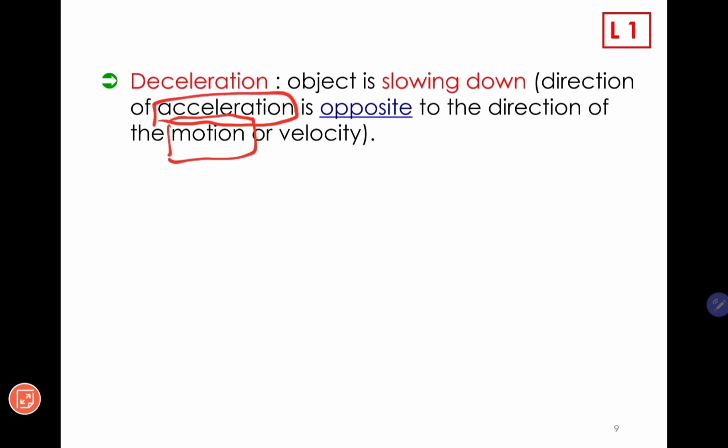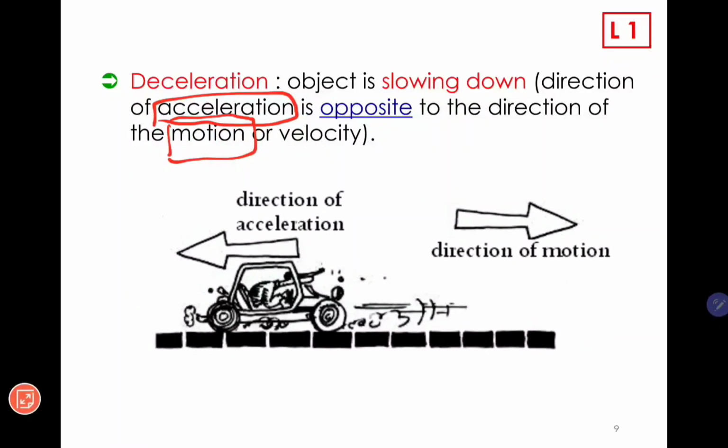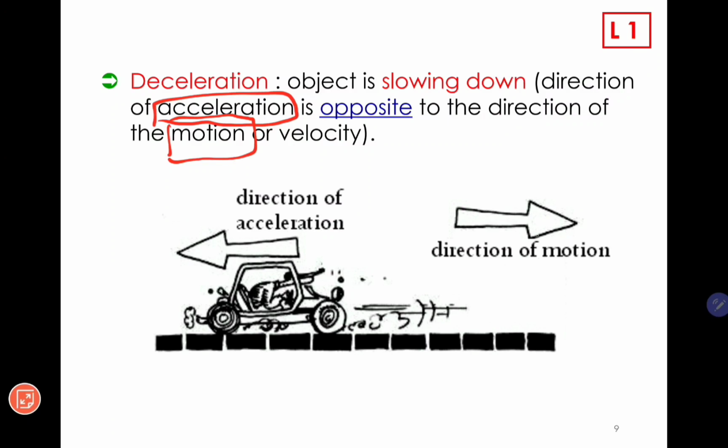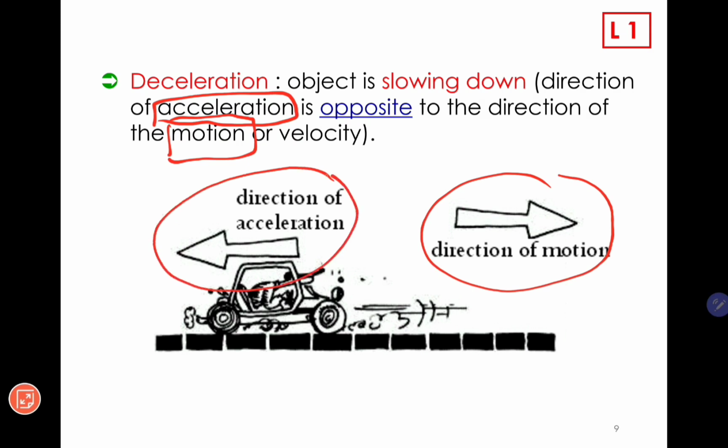That is why the object is slowing down. Alright, so this is the example. The object is moving to the right, but now the acceleration is directed to the left. This makes it slower. So this is our deceleration situation where the object is slowing down.